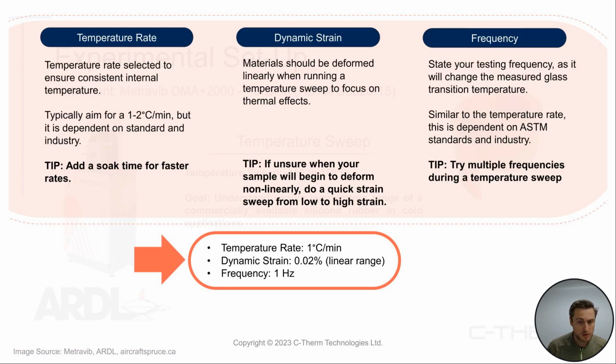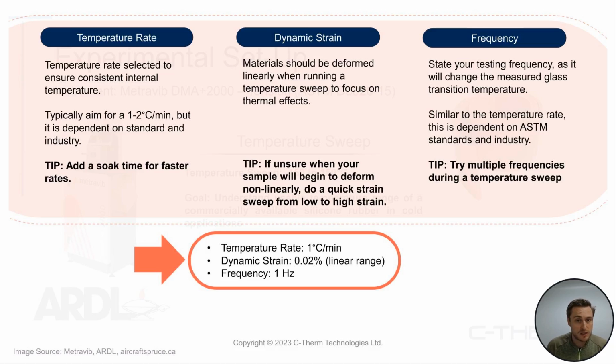Typically, we aim between 1 and 2 degrees Celsius, but it really depends on your own method for testing. You can also add a soak time if you want to use a faster rate, like 5 degrees per minute or 10 degrees per minute. Most standards will specify how much soak time you need to perform that testing.